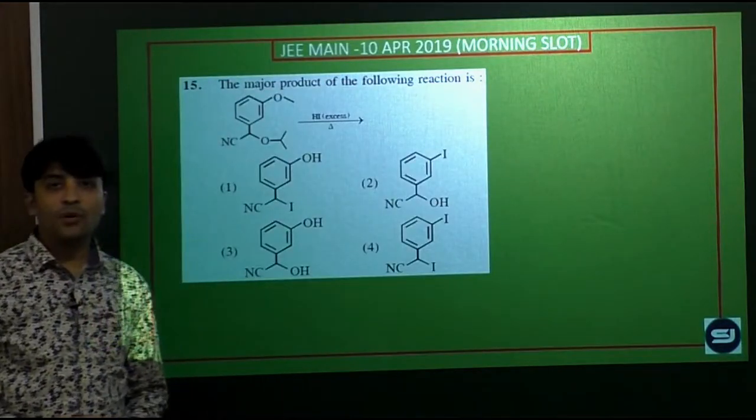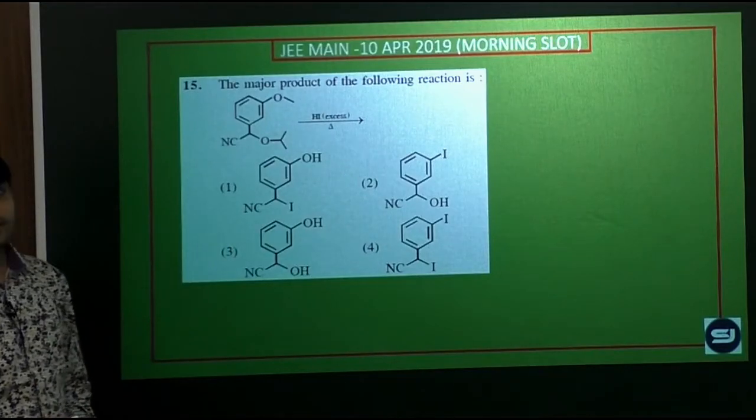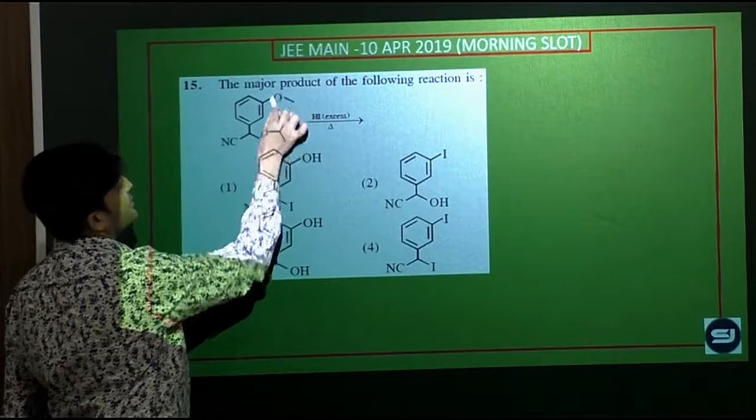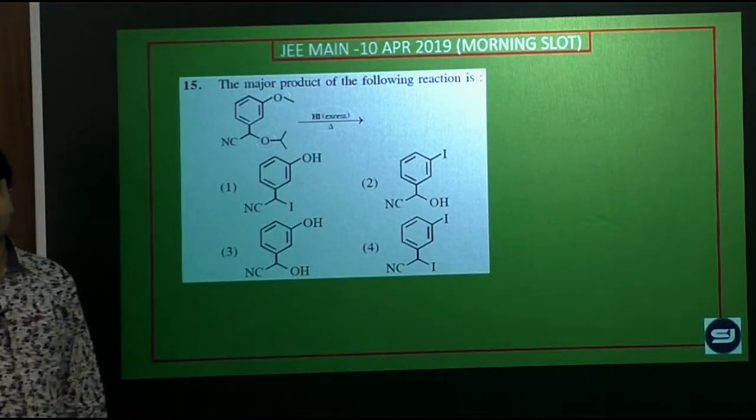15, this is a question from organic chemistry. The major product of the following reaction is. If you look at the reactant, it's an ether and the reagent is HI in excess.